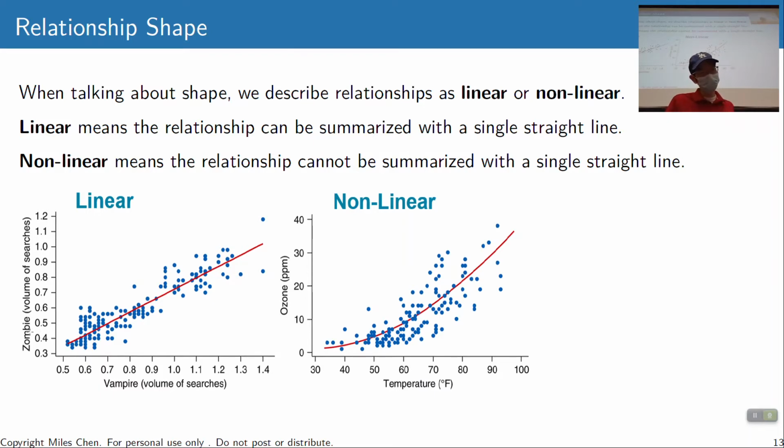And apparently, in weeks in which vampire was searched frequently, zombies were also searched frequently, and in weeks where vampire was searched infrequently, zombie was also searched infrequently. So, I'm not quite sure. Maybe there's like seasonal or holiday trends related to that or something. Who knows, okay? But there's overall a straight line relationship, okay?